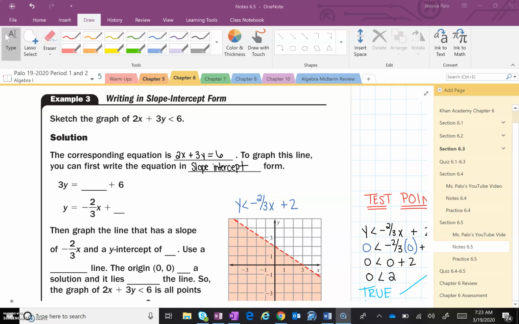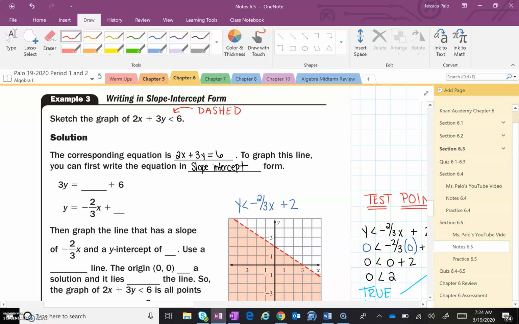Now let's graph this linear inequality in slope-intercept form. We are given the inequality 2x plus 3y is less than 6. So we know right off the bat this is dashed. This is a dashed line.